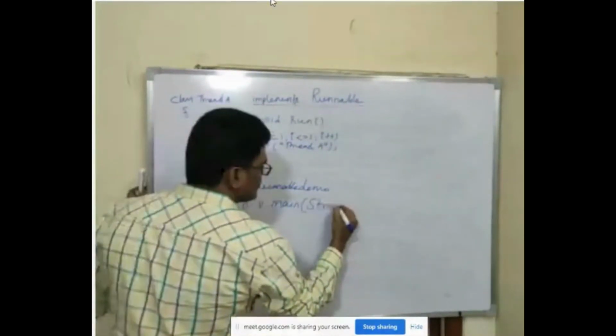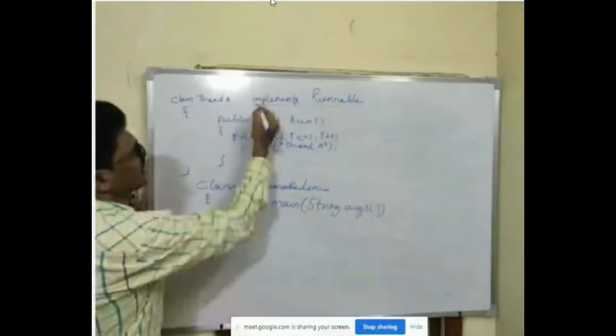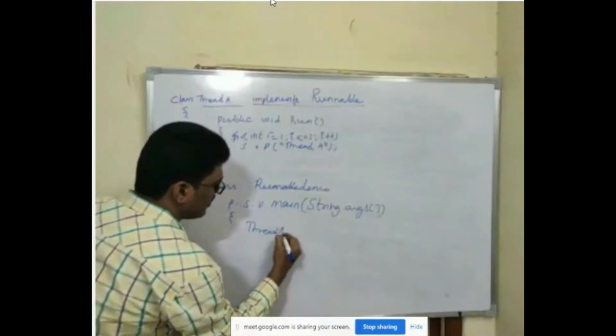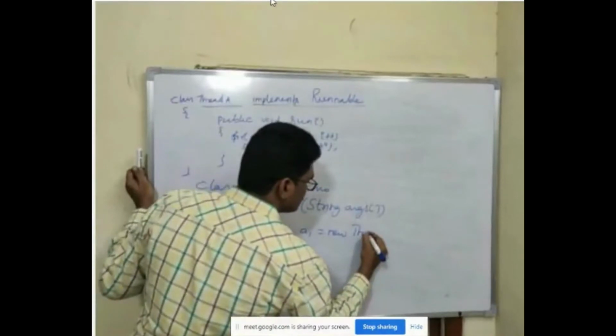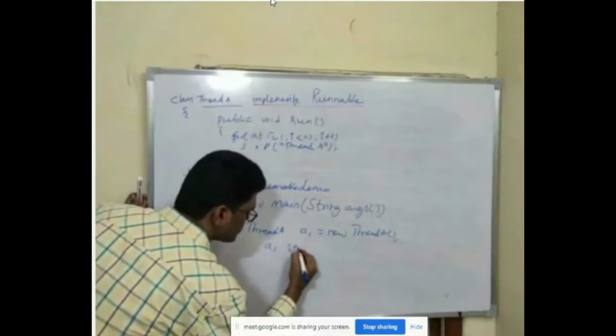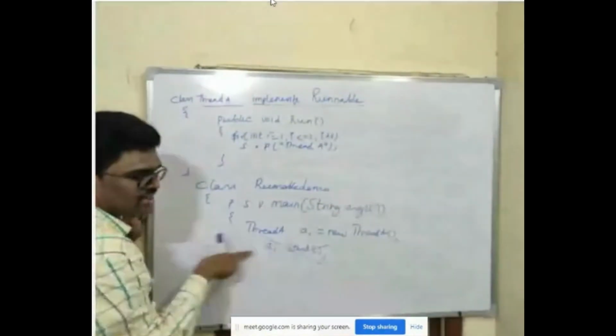First I'll create an object for this: ThreadA, and the object I created is a1. I cannot call a1.start. That is the problem. A1.start is not possible. I cannot call the thread by using this object.